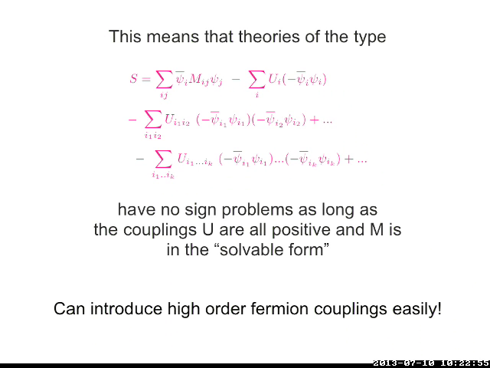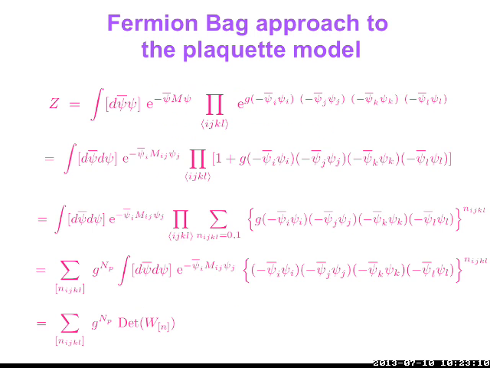So one can easily introduce high fermion couplings, and these couplings, although they look sort of artificial in the Grassmann language, actually introduce all kinds of repulsion and all types of interactions that seem interesting. So let's now do the simple fermion bag approach to the plaquette model.